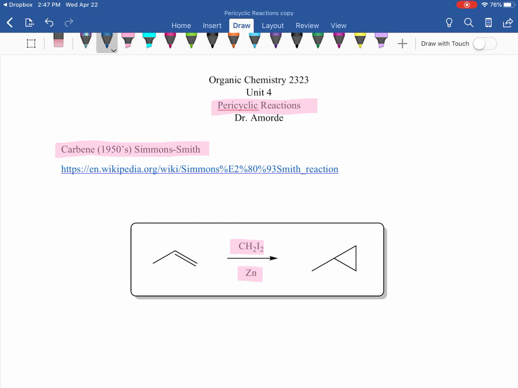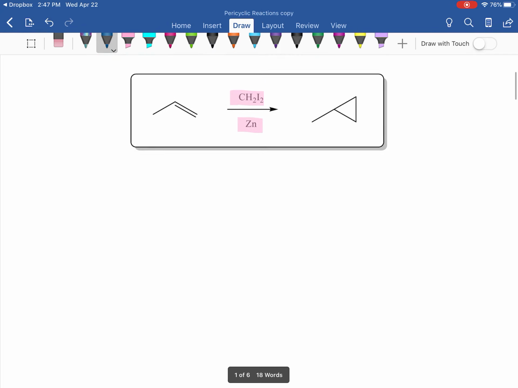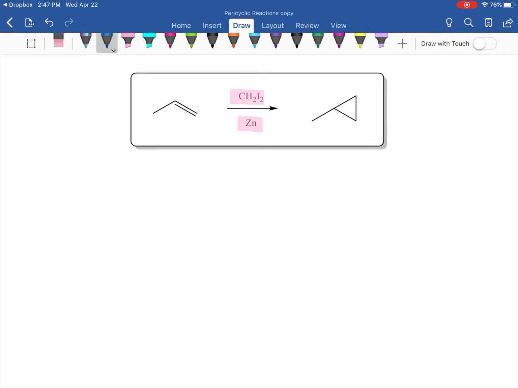I'd like to take a little bit of time with this Simmons-Smith reaction because it is still one of the best ways to make a cyclopropane, and it's still used today. From now on in synthesis, when you see a cyclopropane, this is how you're going to make it. You're going to use the Simmons-Smith reaction.